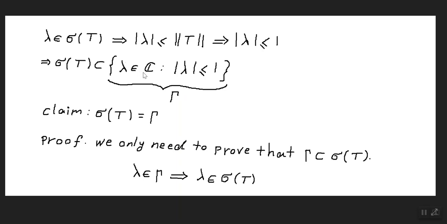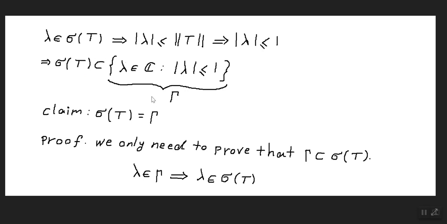But this gives us a conjecture. So far we know that sigma of T, the spectrum, is a subset of gamma, but we claim that the spectrum is precisely equal to gamma. To prove our claim, we have to show that sigma of T is a subset of gamma, which we have seen is true.